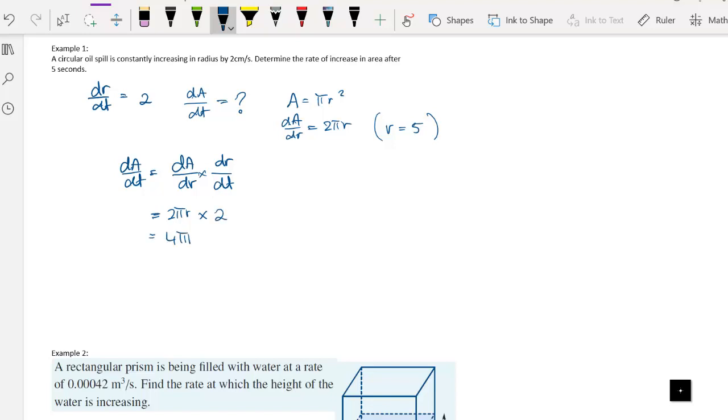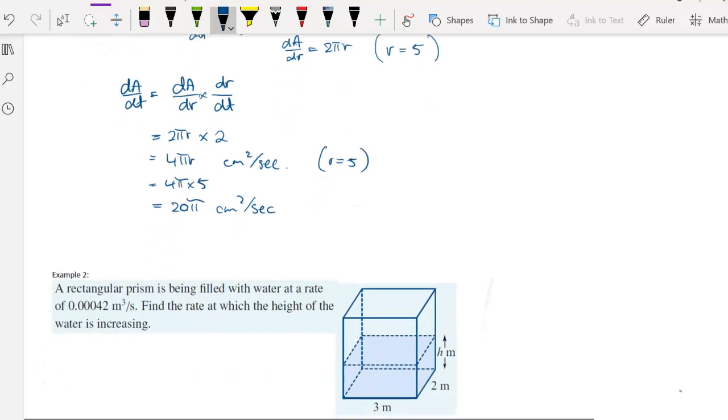So we've got our 4 pi r in this case, and it will be centimeters squared per second. And as we know that the radius is equal to 5, 4 pi times 5 will give us 20 pi centimeters squared per second after 5 seconds. Okay, so we can see this is pretty straightforward in this scenario. It's a rule that we knew, and it was easy to apply.